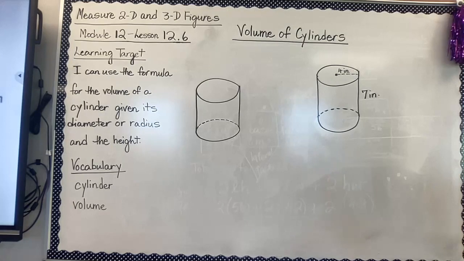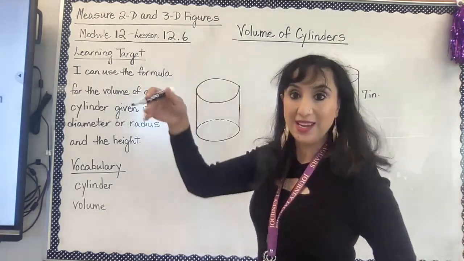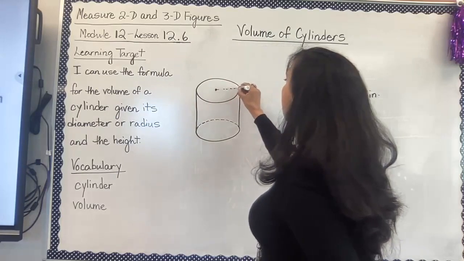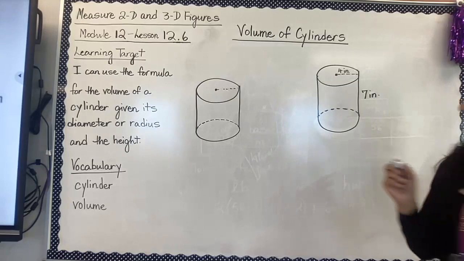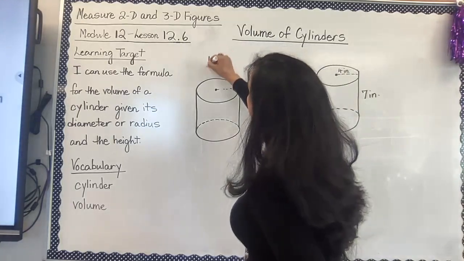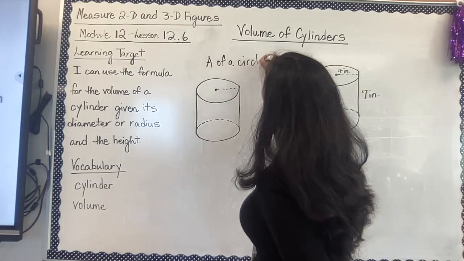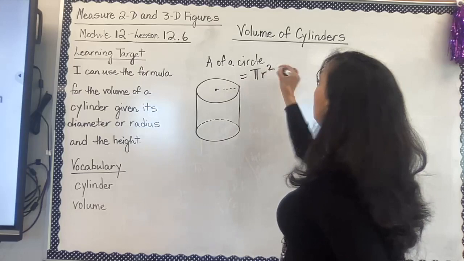And so when I'm looking at the area, which is the big B, the area of the base, what is the area of a circle? The area of a circle is going to be pi r squared.